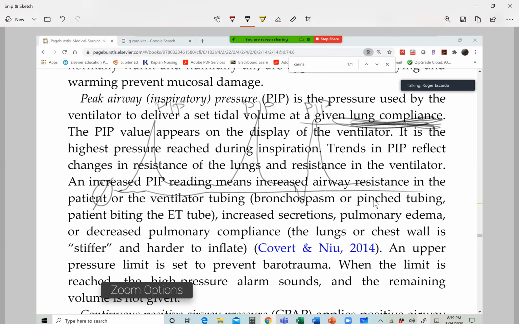You can't put too much pressure. You're going to rupture that lung if you force it. So the peak inspiratory pressure depends on the lung compliance. Here it says down here: increased secretions, or the lungs or the chest wall are stiffer. That tells you about the compliance. How hard or how easy is it to ventilate the patient's lung?